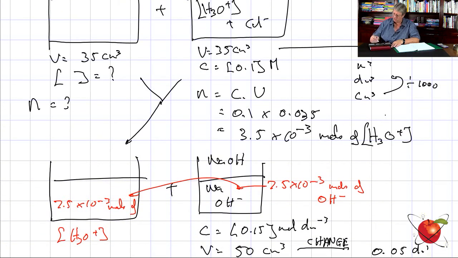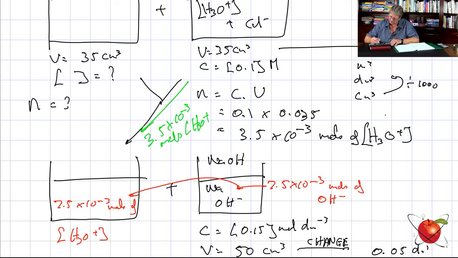But hang on, I've already got 3.5 × 10^-3 moles of H3O+ coming from this route. Therefore, how many are coming from the other?